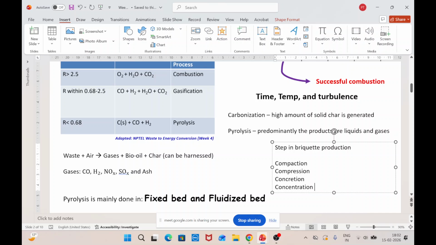Depending upon the type of pressure that you use for the formation of the briquette, you can classify the process into three types: high pressure, intermediate pressure, and low pressure. In the cases of high pressure and intermediate pressure, you typically don't require any kind of binder.